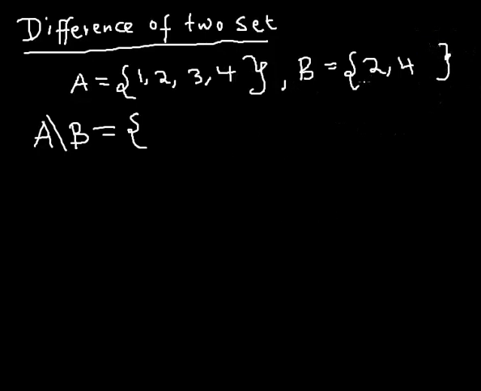So if I subtract 2 from A, and now subtract 4 from A, what I have left is going to be A difference B. So what I have left is going to be 1, then 3. So that is how you evaluate the difference of two sets. I hope that is well understood. Those are basic set operations. Now we are going to talk about complement, the complement of a set.